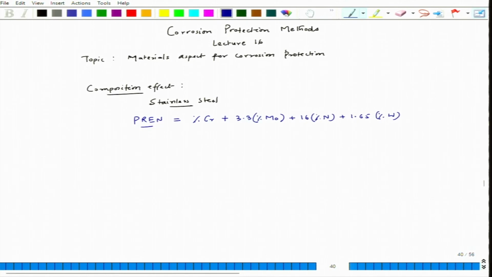Now, this gives you an idea what could be the resistance towards pitting as well as crevice, and its full form is pitting resistance equivalent number.